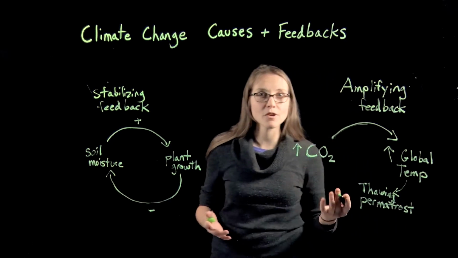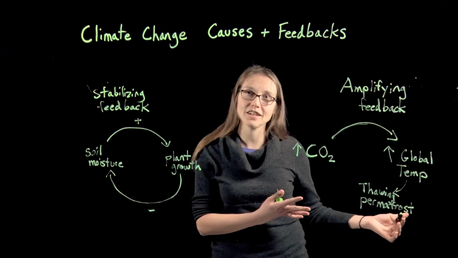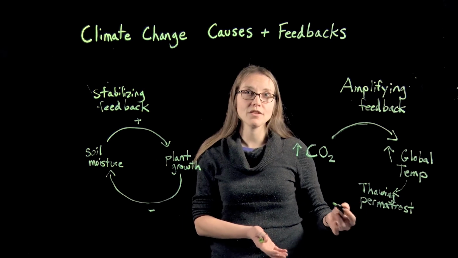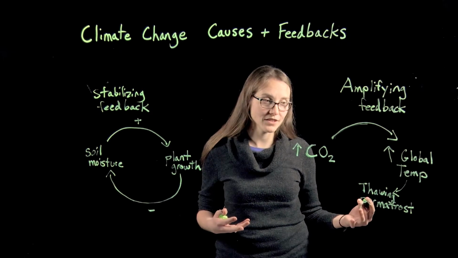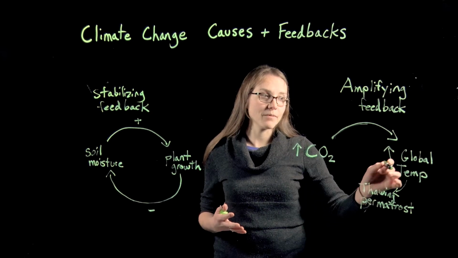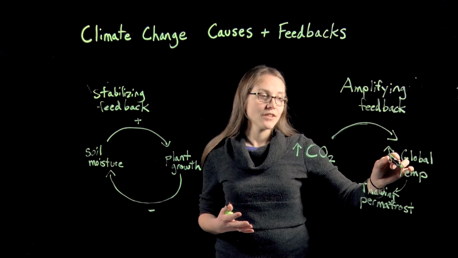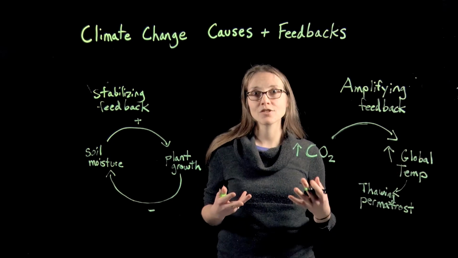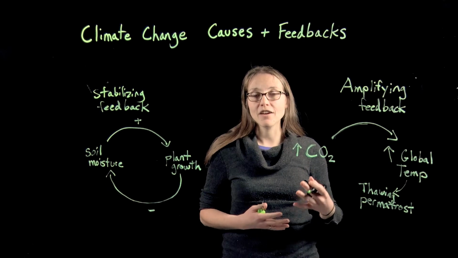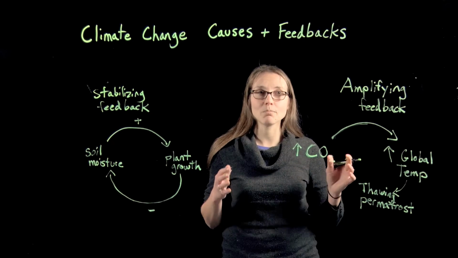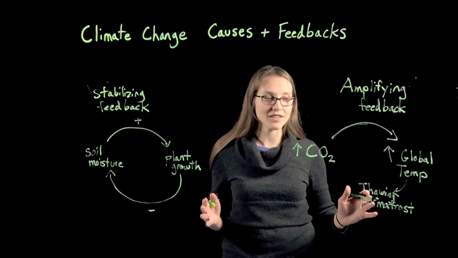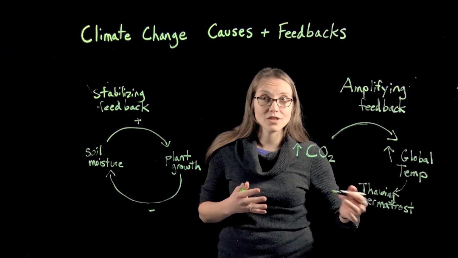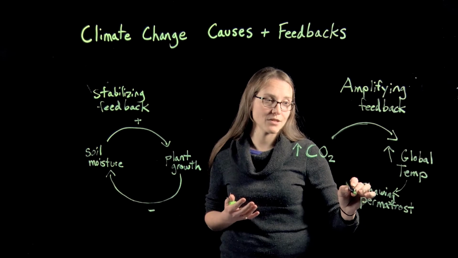And we'll read more about this during our other activities in this module. Permafrost is soil that remains frozen for multiple years. And with increased temperatures, it could thaw. And if the permafrost thaws, that leaves soil and all the microbes and preserved carbon stocks able to decompose and release carbon back into the atmosphere.